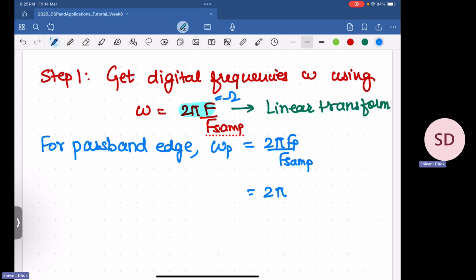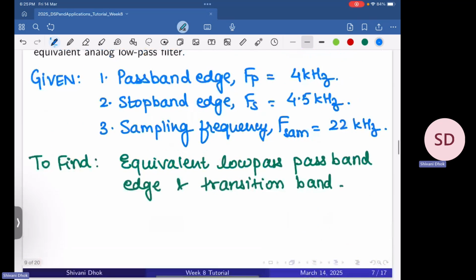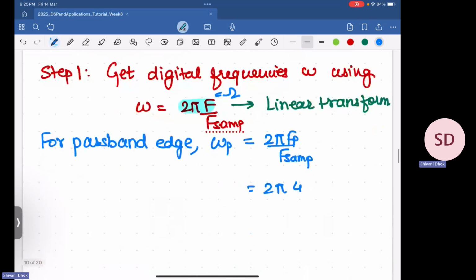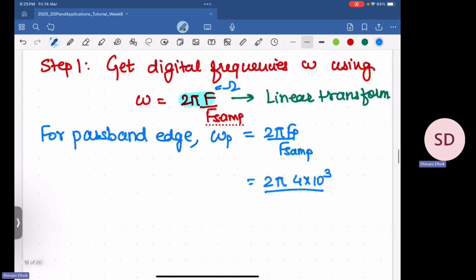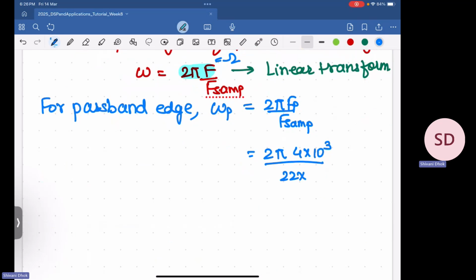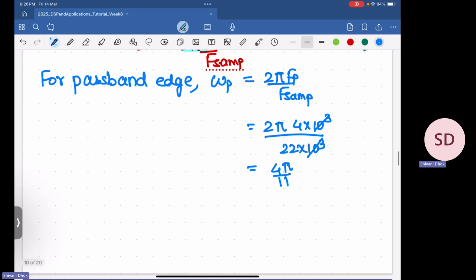So this is 2 pi, fp is 4 kilohertz, divided by the sampling frequency, 22 kilohertz. So what do we get here? We get 4 pi by 11.